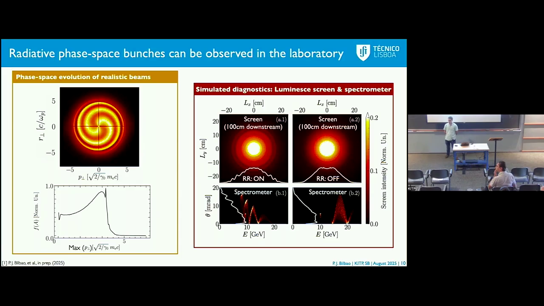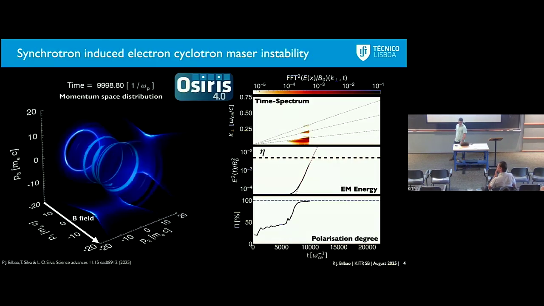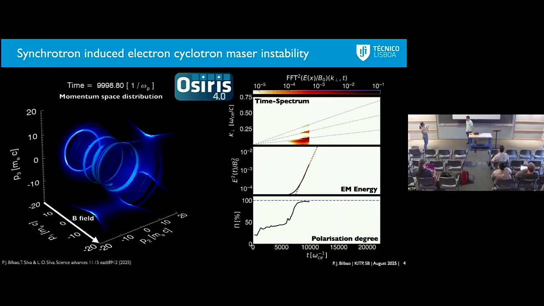Can I ask you a very quick question? In your simulation of forming this ring, I think you said it's a 2D simulation. The maser one. It's 2D in real space, right? It's 2D in real space. So if you do 3D in real space, is there going to be any change?